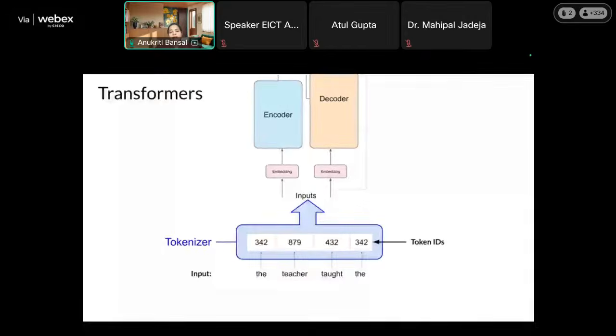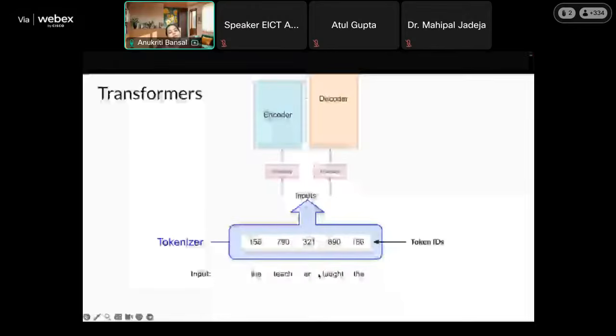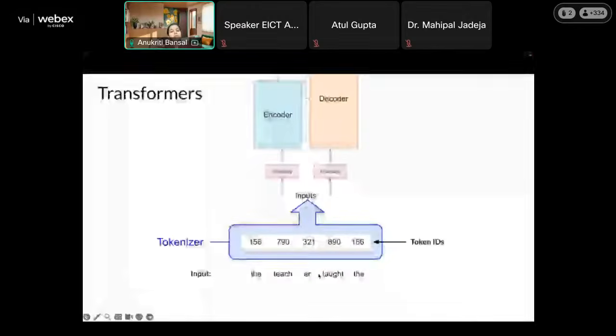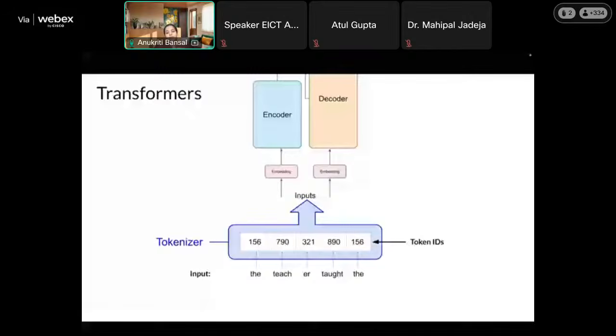So as I said, I can either use these words as they are, I can divide my sentence into these words, or I can divide my sentence into subwords. Why? What is the advantage of dividing these words into subwords? Because as we said, my dictionary contains a lot of words.